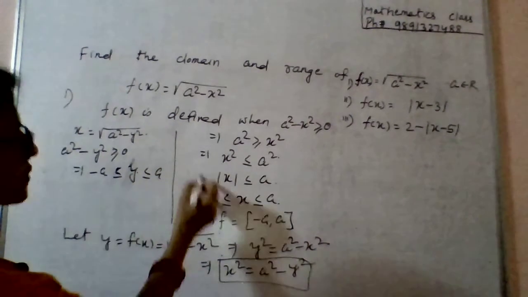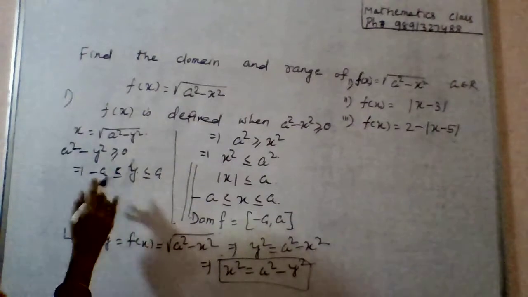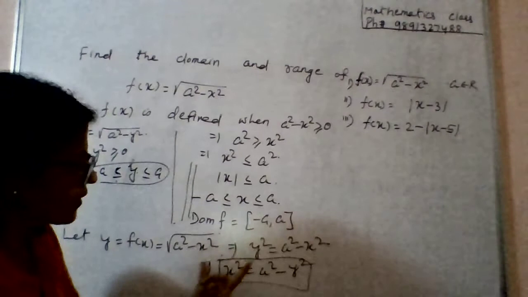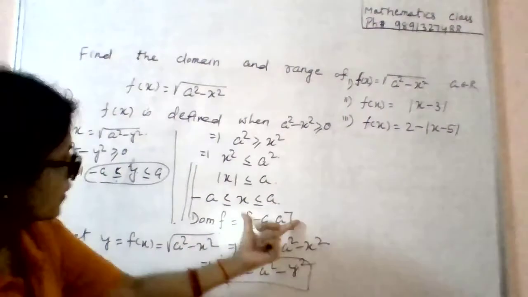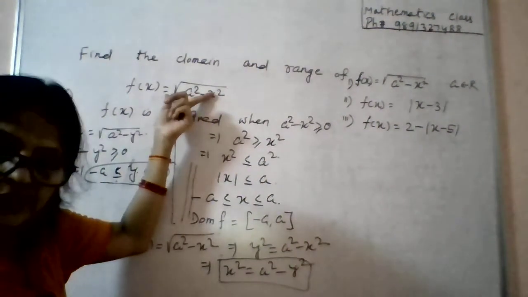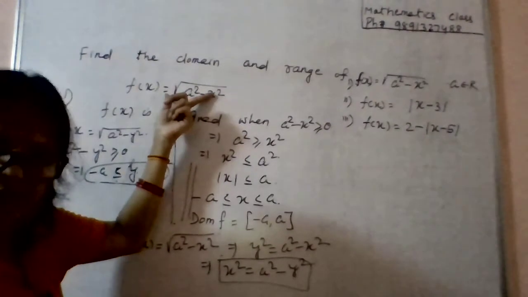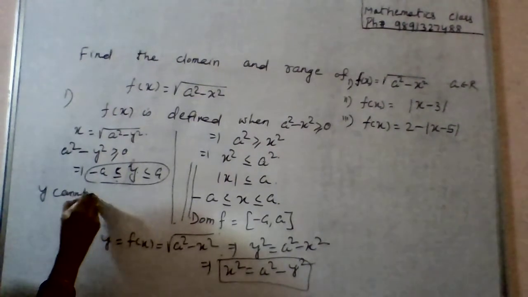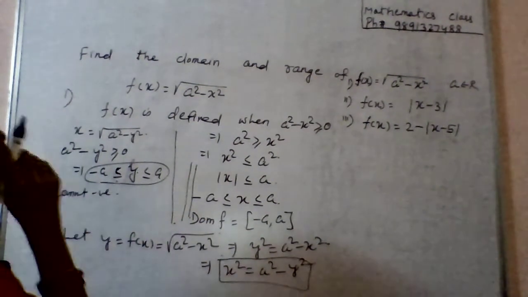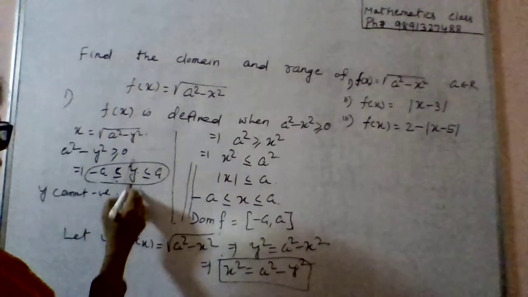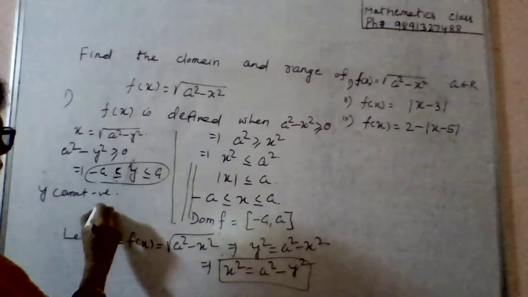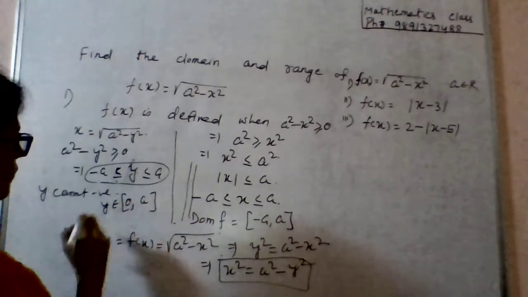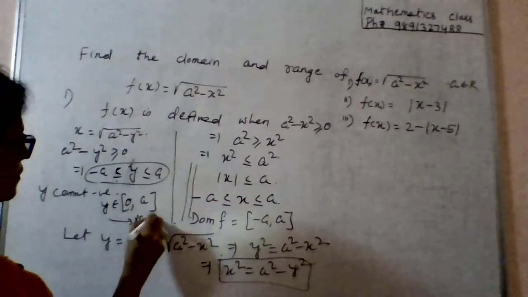I am just keeping the steps short because we have already done this. But again, y cannot be negative, since f of x is the square root of a square minus x square. So since y cannot be negative, you have only one option left, y belongs to 0 to a. So this is the range of the function.